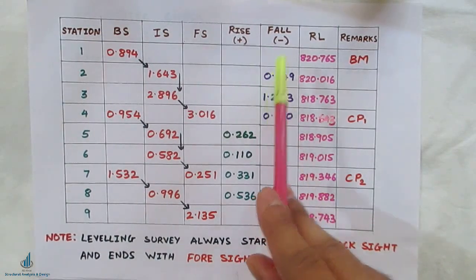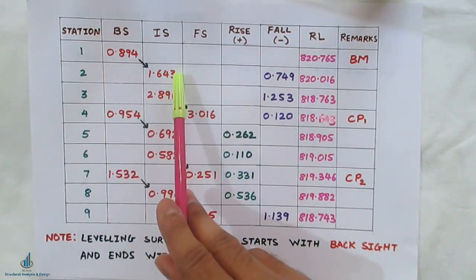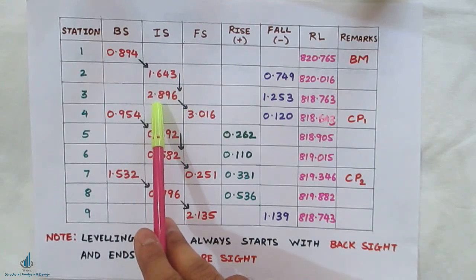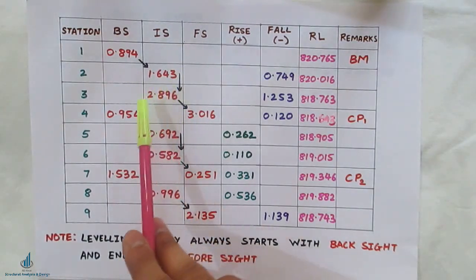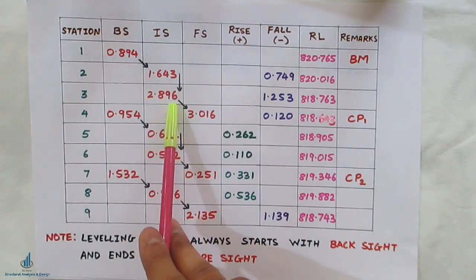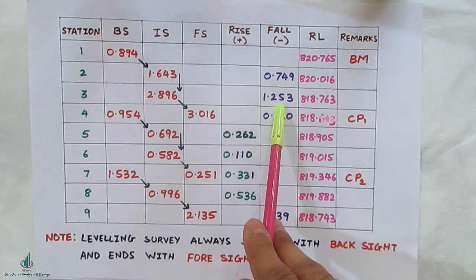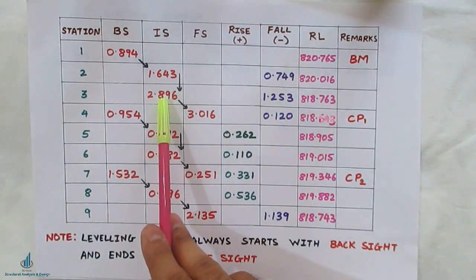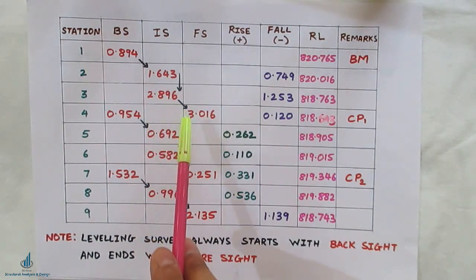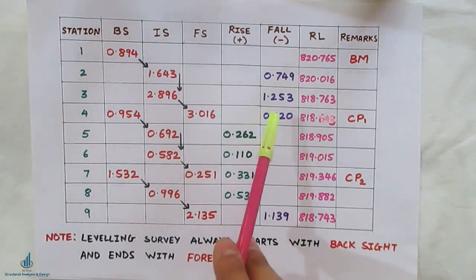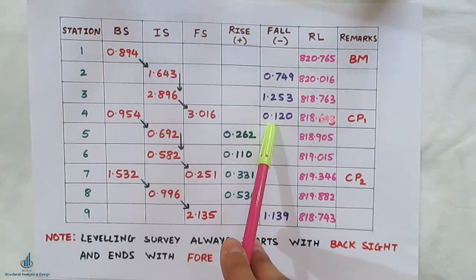value. Okay, so next, you have to subtract the next two staff readings, that is 1.643 minus 2.896. It will give 1.253, so it comes in the fall column. Next, 2.896 minus 3.016 gives 0.120, which will be in the fall column.